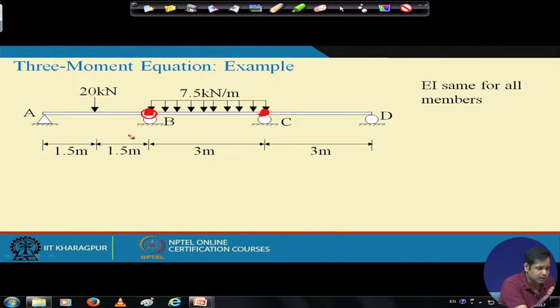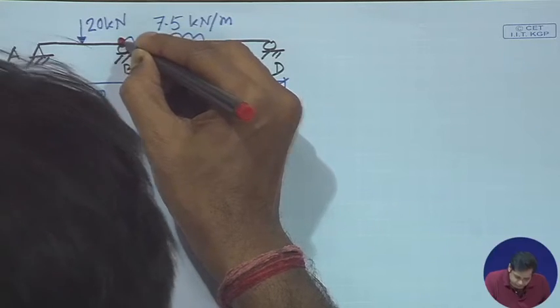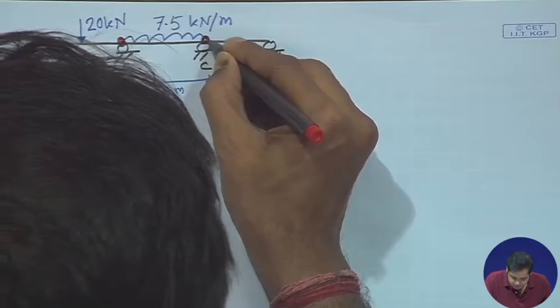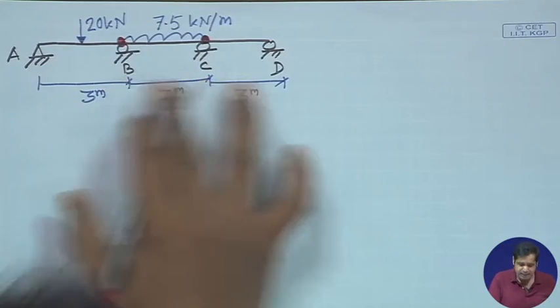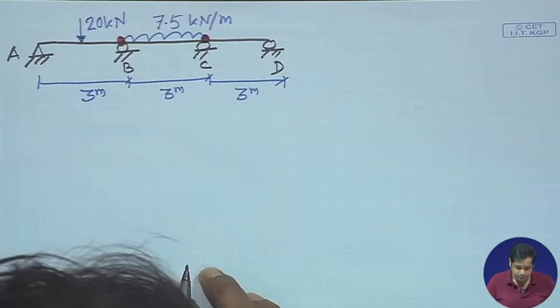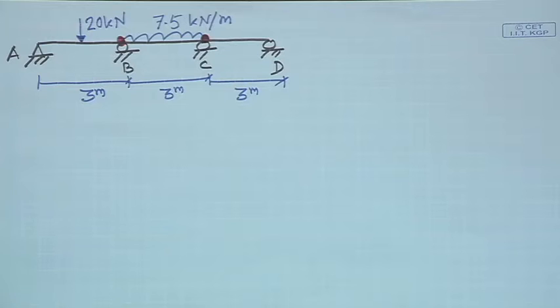Now, after inserting two internal hinges at B and C, this structure becomes statically determinate. Essentially AB, BC and CD are all simply supported, and we can treat them as simply supported beams.